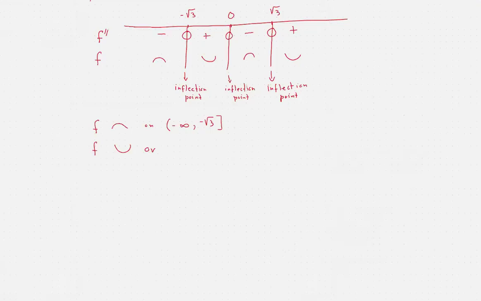I'm sorry, did I say concave down before? I meant concave up for negative square root of 3 to 0. And from 0 to square root of 3, it's concave down. And finally, it's concave up on the interval from square root of 3 to infinity.